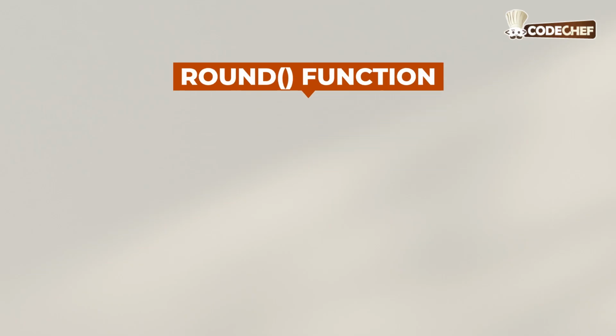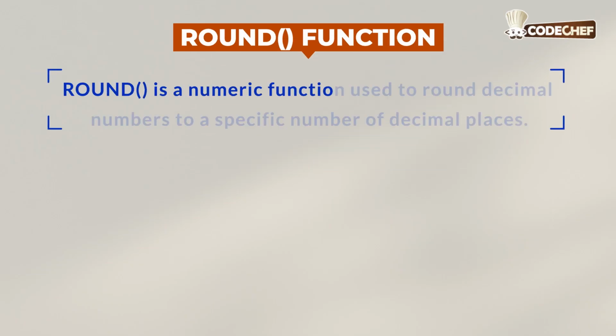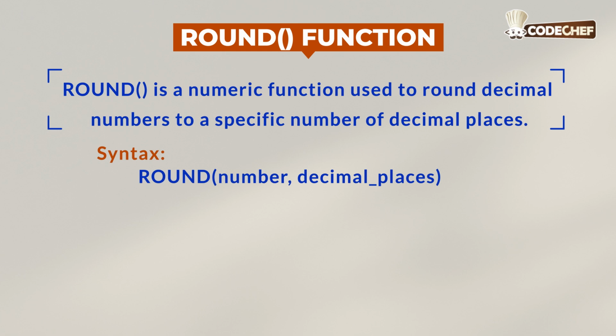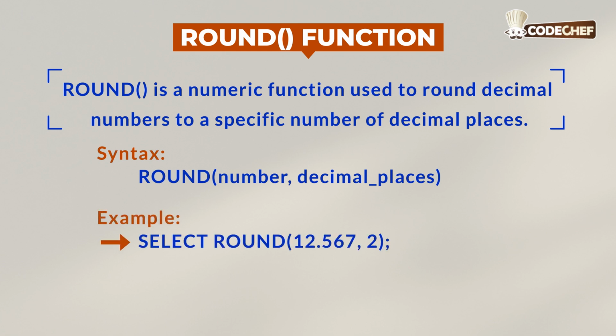Round function. Round function is a numeric function used to round decimal numbers to a specific number of decimal places. Its syntax is round, then inside bracket, number, comma, decimal places, bracket close. For example, select round and then inside the round function, 12.567, 2, bracket close and semicolon.